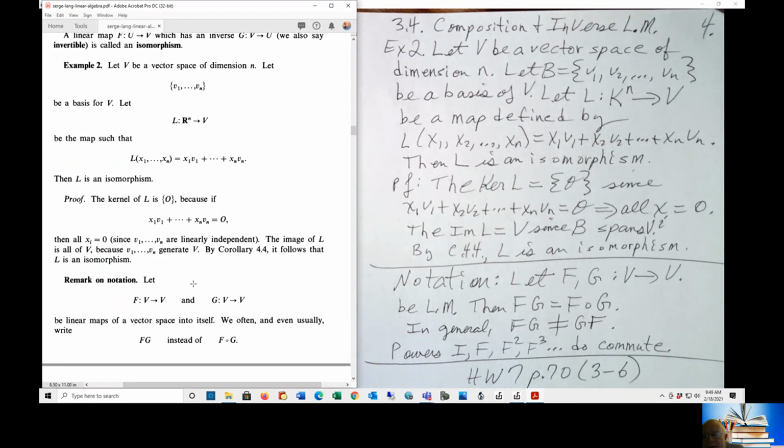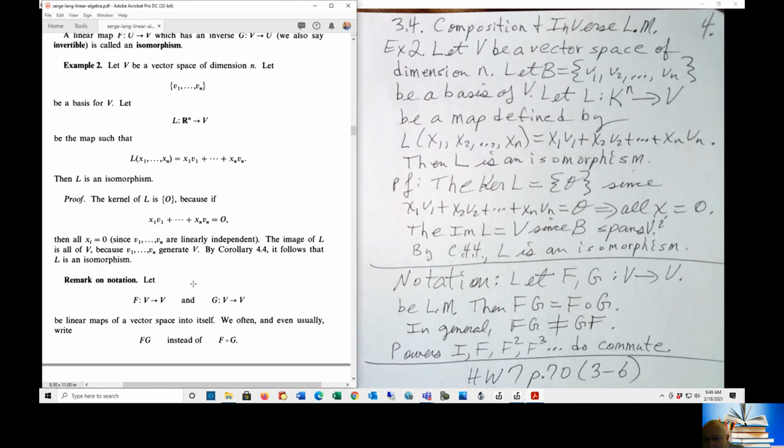Okay? And to show that it's an isomorphism, we need to see that it's one-to-one and onto. So let's check to see if the kernel of L is trivial. Well, the kernel of L would have to be trivial, since when you take the linear combination sum of xi vi equals 0, all of the xi's would have to be 0 because the vi's are linearly independent, right?